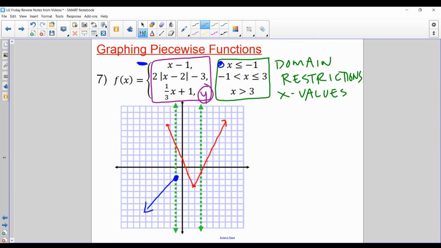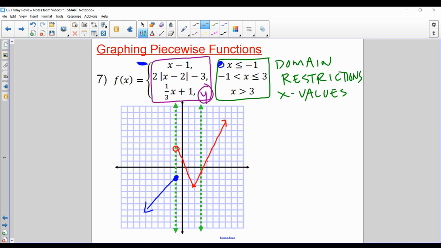Okay, now I've got to pay attention. It's just between my 2 green dashed lines. At x equals -1, when I'm over here, it's not including that point. So I'm going to erase that and make it a little better. So it's going to end right here, and I'm going to have an open dot.